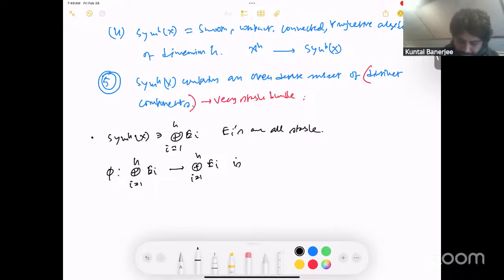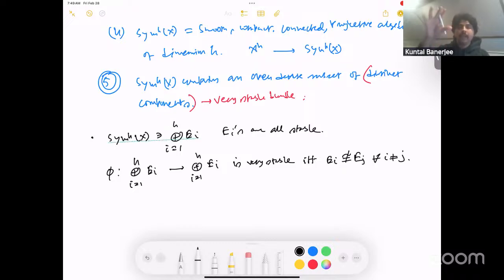So it is very stable if and only if E_i is not isomorphic to E_j for all i not equal to j. Okay, so if there is one i and j where E_i is isomorphic to E_j, then you can create something in the upper triangular or lower triangular block, right?